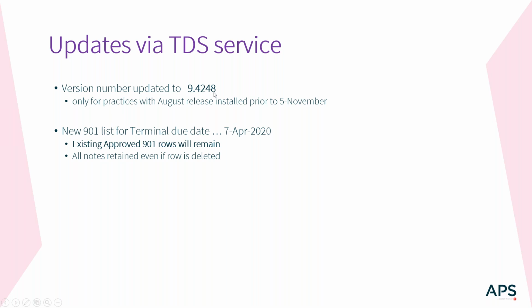The original August release installed with the version control that went to 9.4238, and it's with the subsequent TDS deployed updates that version has been incremented. For those of you who haven't yet deployed the August release, those changes won't have been applied, and your version number will be somewhere in the 9.423 range, indicating that you haven't yet installed the August release.